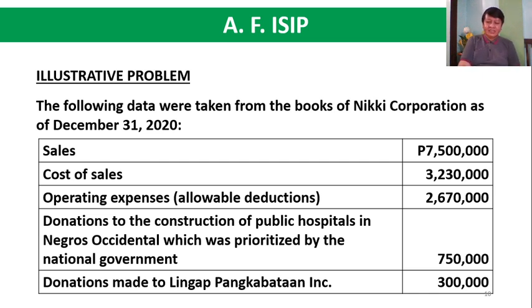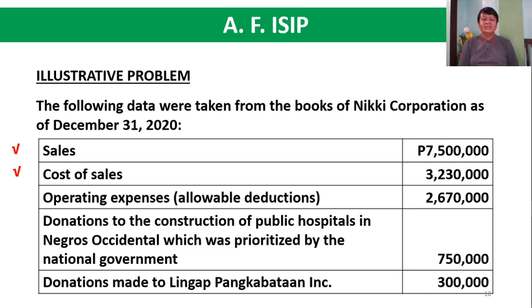So, the first item is sales. When you sell merchandise on account, we call it sales. If you are engaged in the buying and selling of merchandise, whenever you sell goods to your customers, it is called sales. So in this case, the sales of Nikki Corporation is 7,500,000. And then we have here the cost of sales. What do we mean by cost of sales? This is the cost of the merchandise that you sold to the customers.